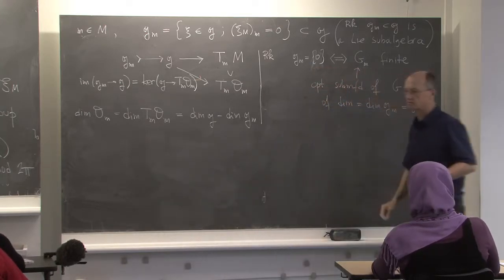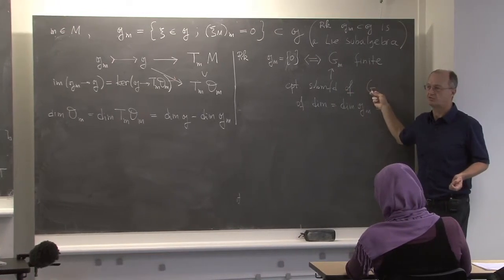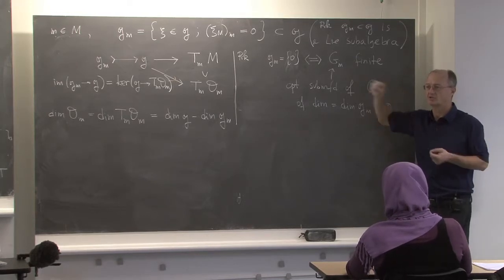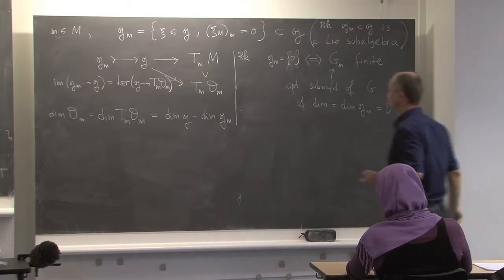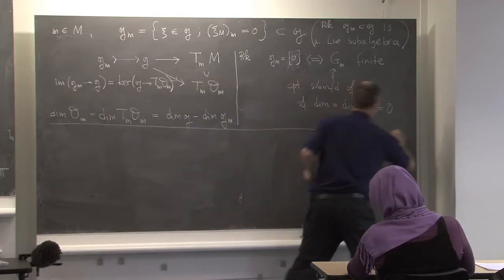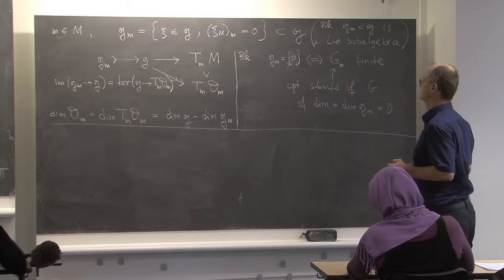And this is 0. And a compact submanifold of dimension 0 has to be a finite set, right? Because otherwise it would have an accumulation point.